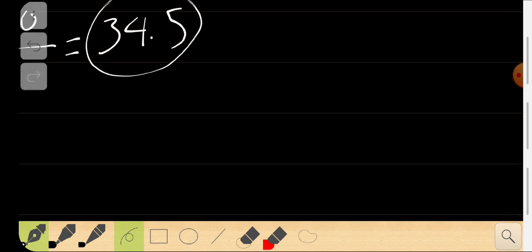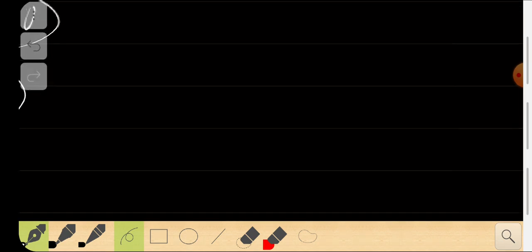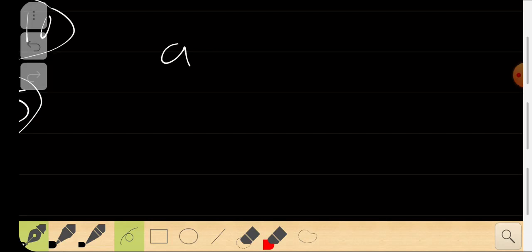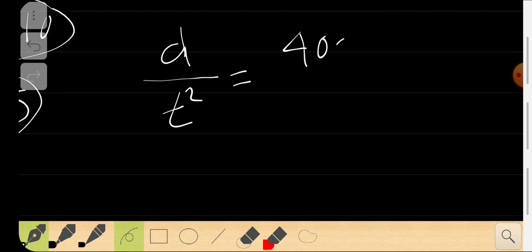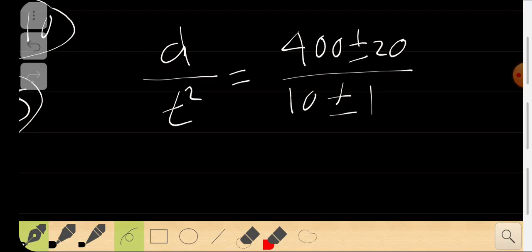Now let's do a bit more complicated stuff, right? Distance by time square, right? That has the dimensions of acceleration. Now if you do that, you get the same value, right? 400 plus or minus 20 by 10 plus or minus 1, right?